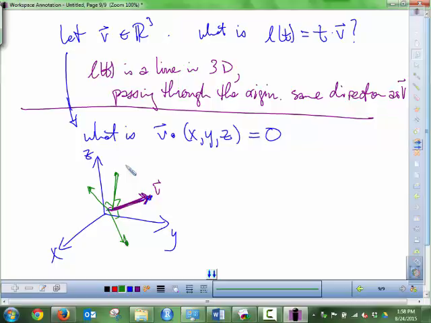And think about this. If I collect every single point x, y, z so that that vector is perpendicular, what do you think I'm going to get? A plane? Does it look like a plane? Yeah. It turns out that this will give you a plane. All the x, y, z values here would give you a plane that is going to be perpendicular to that vector v.